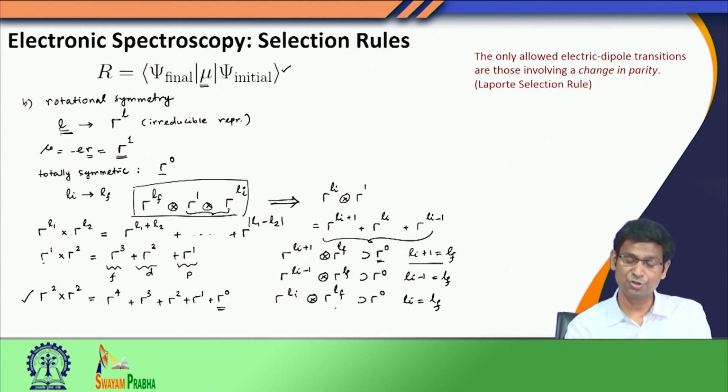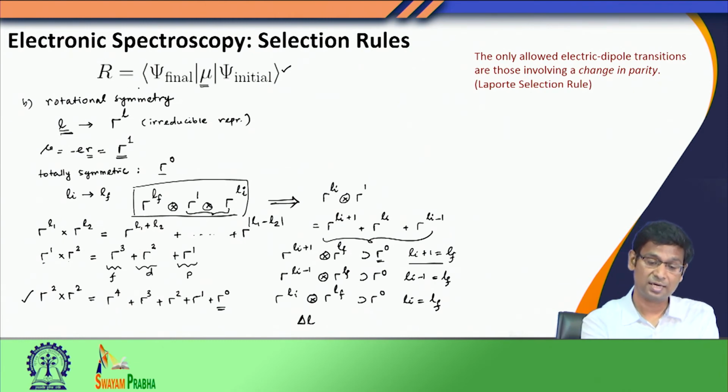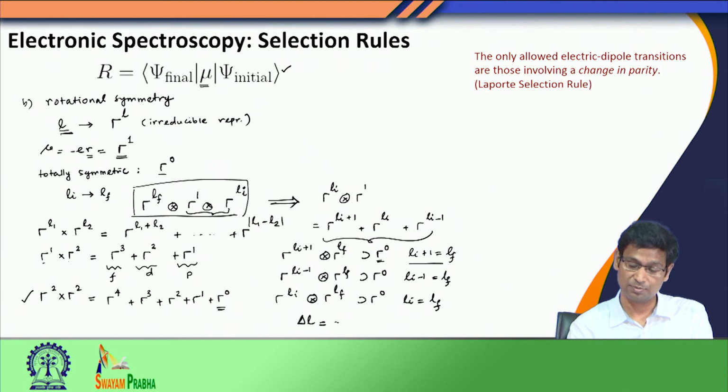So, the condition that I am getting is that the transition dipole moment will be totally symmetric only when delta L equals plus minus 1 or delta L equals 0. But there is a problem. When delta L equals 0, this violates the Laporte selection rule, which requires a change in the parity.